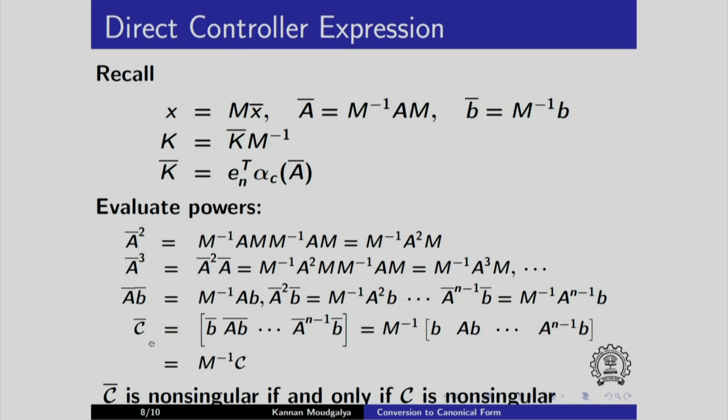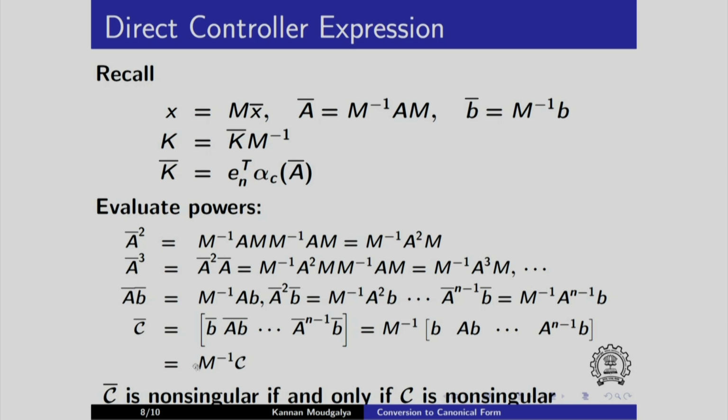So from this we can see C bar is non-singular if and only if script C is non-singular. Remember when we introduced the concept of this transformation matrix M, we said that is possible if and only if this script C matrix is non-singular.